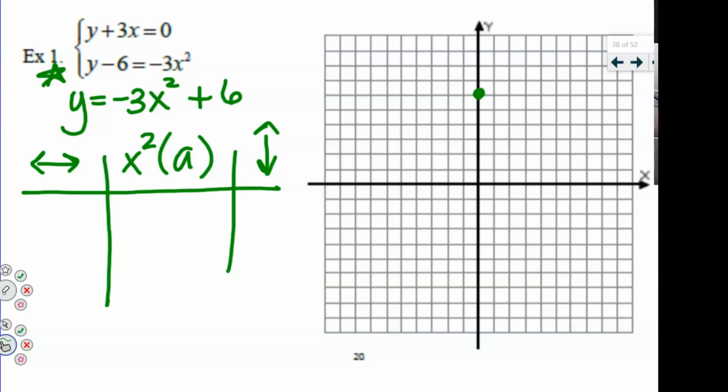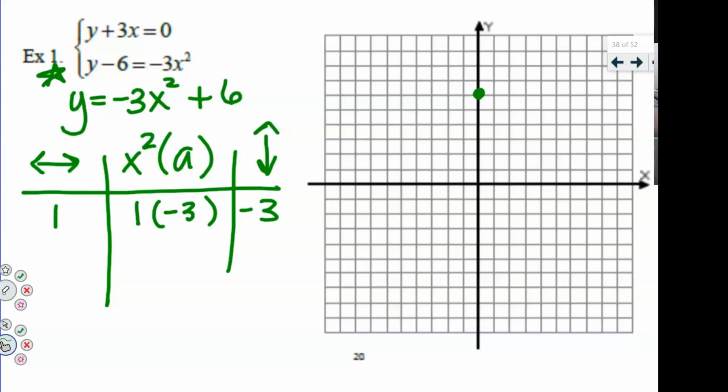I was going to ask you what happens when I move one place away from the vertex. It's 3 up or down? Yeah, it's 3 down because of course it opens down. But remember, it would be 1 squared times the a value, and that would give you the sideways movement or the up and down movement.